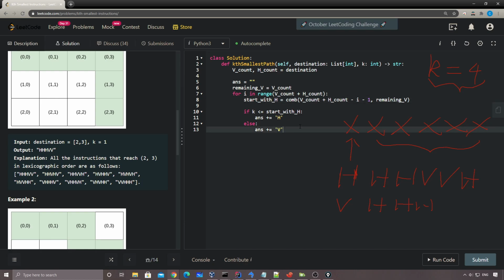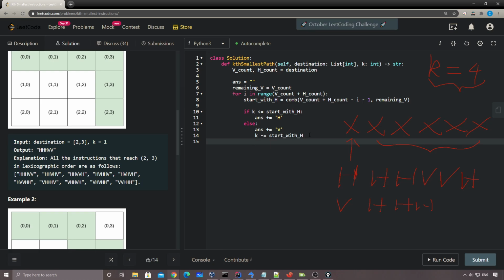Okay, and then after doing that, since we have skipped all the numbers that start with H, we will subtract those numbers from the k, and now the updated k is the remaining numbers we need to be looking for, right?